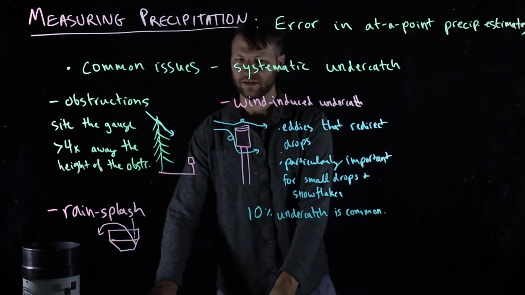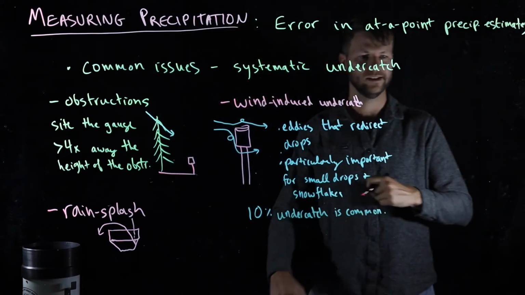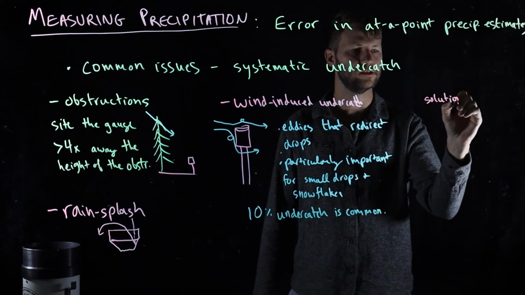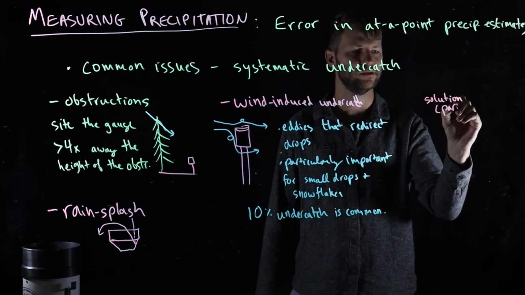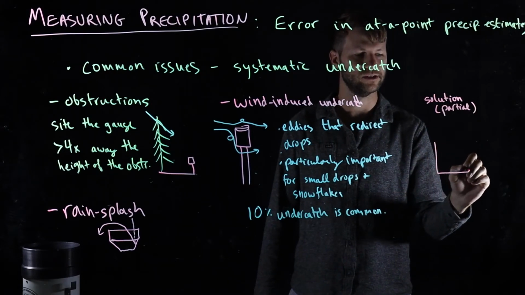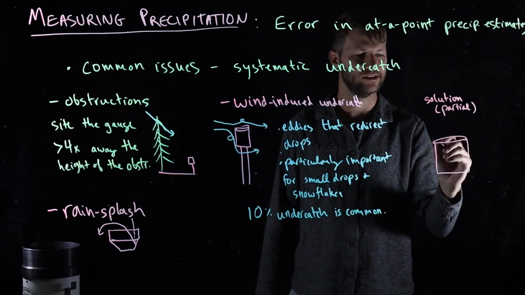One of the ways that we deal with wind-induced undercatch, a partial solution, it's not perfect, is by making a little shield around the gauge.